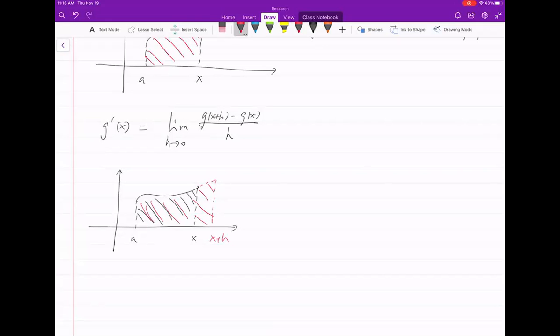Good so far? So what is Gx plus H minus Gx? That's just going to be this, because everything before will overlap. Accumulate from A to X plus H minus accumulate from A to X. That's accumulation from X to X plus H. Sounds good?